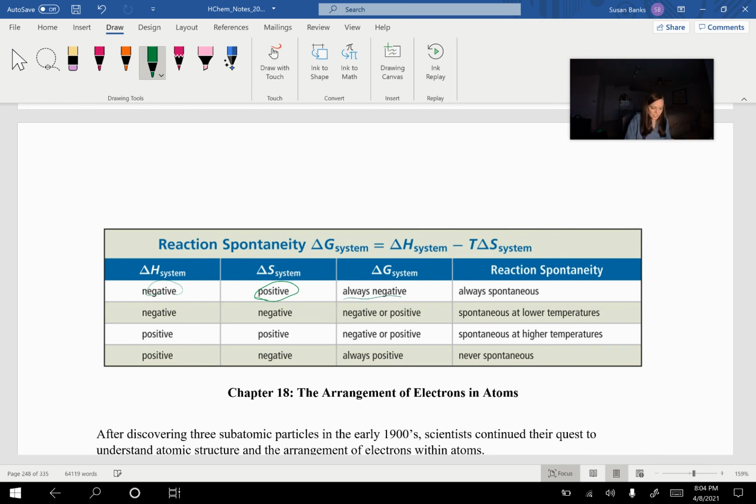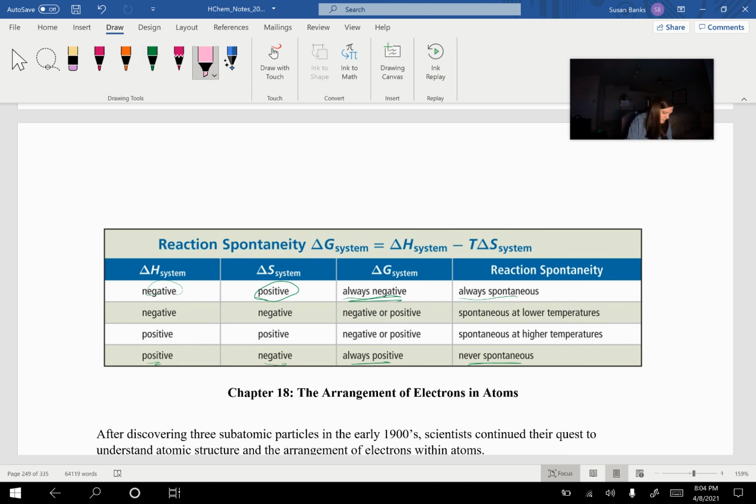So delta G is going to always be negative regardless of the temperature. It will always be spontaneous. Okay? On the flip side, if I have a positive delta H, endothermic, not spontaneous, and a delta S that's negative, which is putting more order into the system, also not spontaneous. Delta G is always going to be positive regardless of the temperature. It's never spontaneous at all.